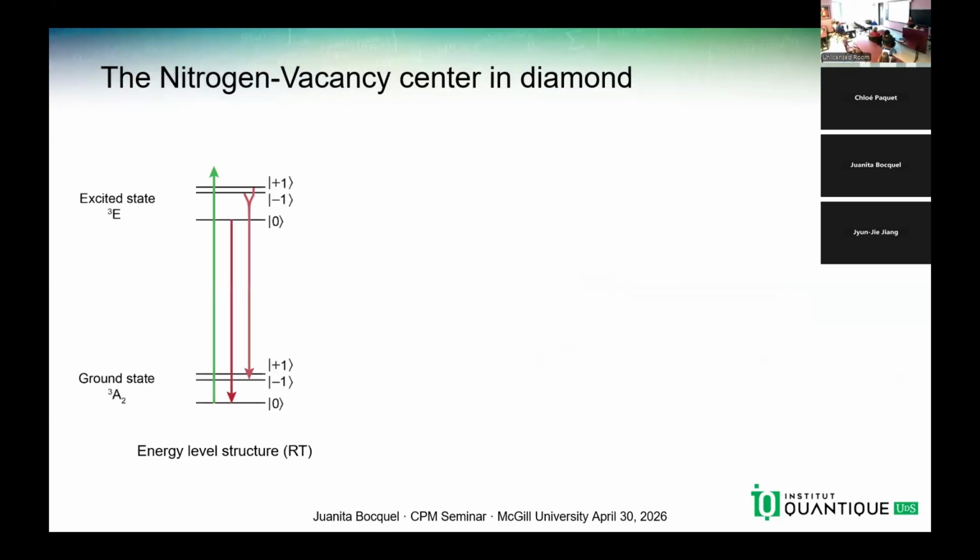But what is most interesting about those is the relation between their optical property and their spin property. So here you have the electronic structure, at room temperature, and this becomes important later, of the NV center in diamond. You can see the ground state and the excited state are spin triplets. When you excite, most of the time non-resonantly with green light, you get photoluminescence in the red.